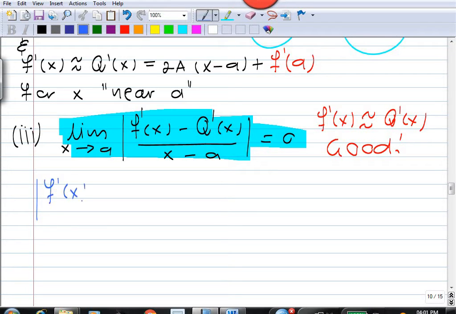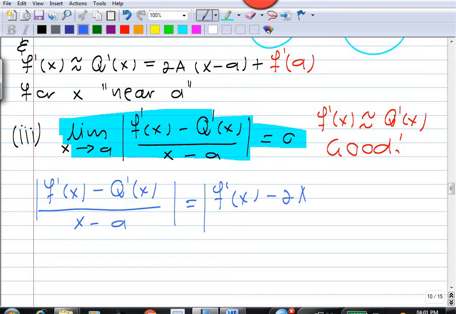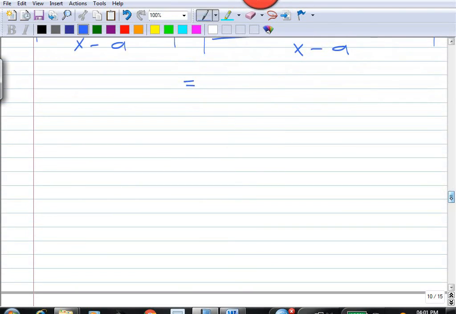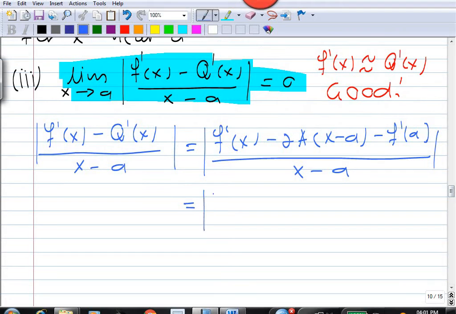We've got f prime x minus q prime x over x minus a, minus 2a x minus a minus derivative of f at a, all over x minus a, and we rearrange a little, and we've got f prime x minus f prime a over x minus a minus 2a.